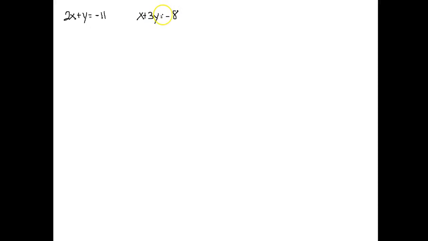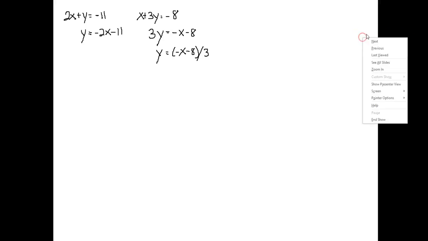In order to put these in the calculator, you have to solve each one for y. Because remember, in the calculator graphing section, it's y1 equals, y2 equals, etc. So you've got to make sure you solve each one for y first. Okay, and then you can use those two forms to put them into the calculator.